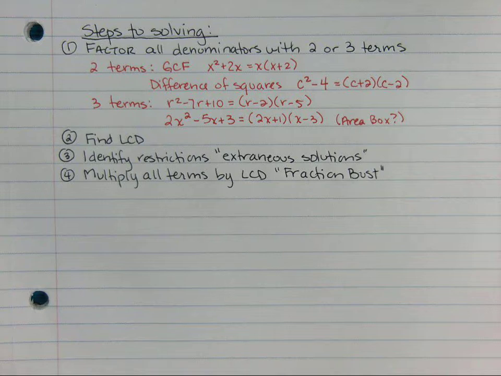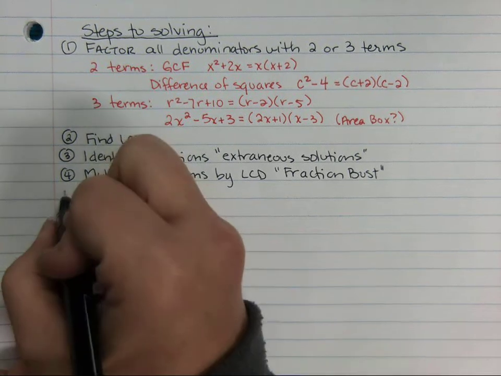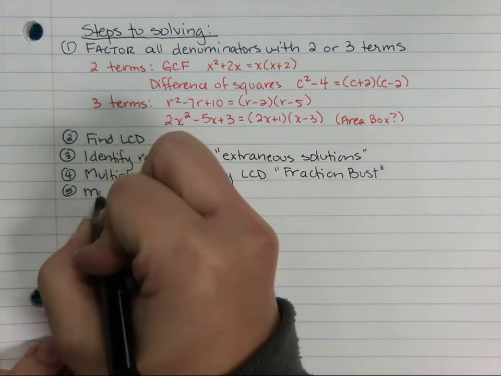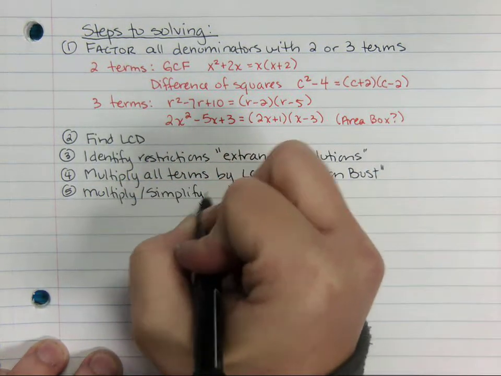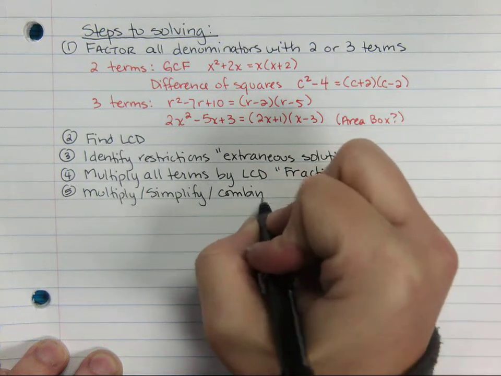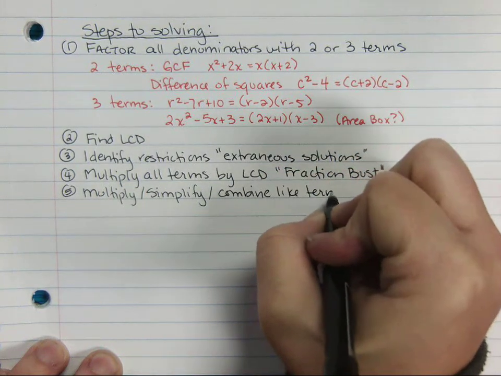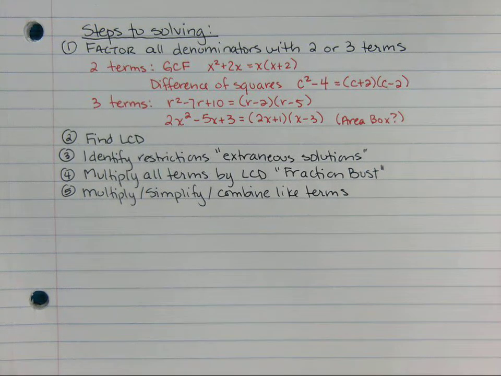So you're going to be multiplying, simplifying, and combining like terms. And once you do all your multiplying, now you're just going to solve whatever's left. Whatever the variable is, it's either going to be something linear or something quadratic, but you're going to have to solve whatever equation is left and throw away any values that were one of your extraneous solutions.